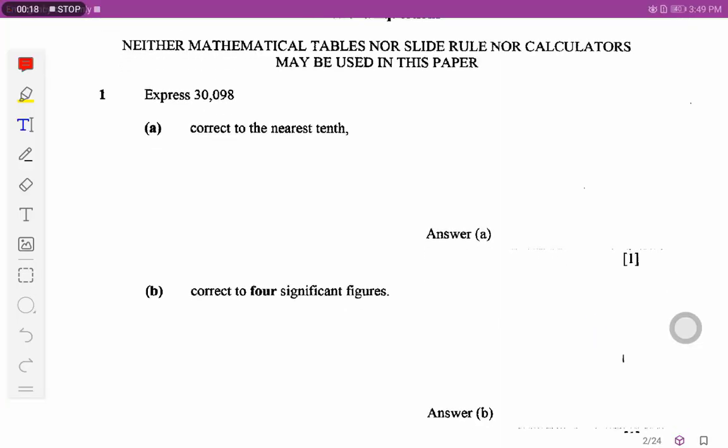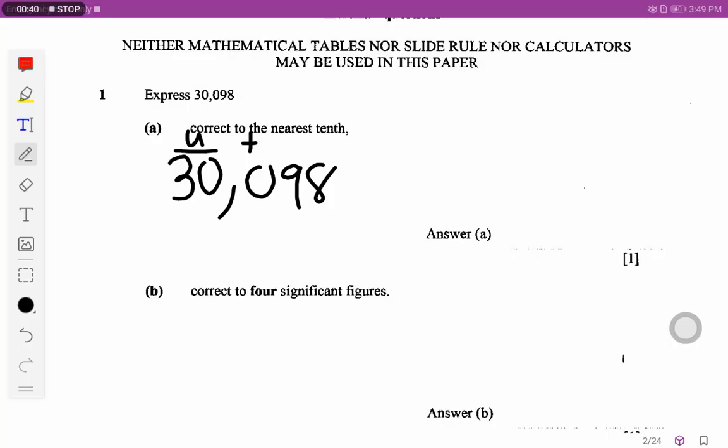The first question is saying express 30.098 correct to the nearest tenth. Okay, so what happens is this: when we have 30.098 like that, these are units and these are tenths, and these are hundredths.